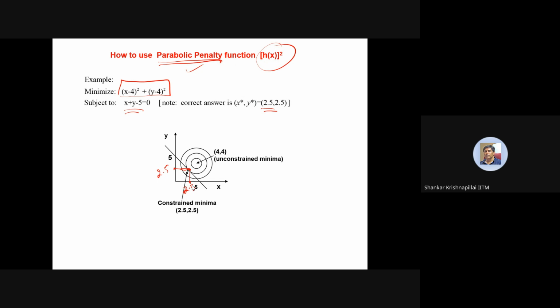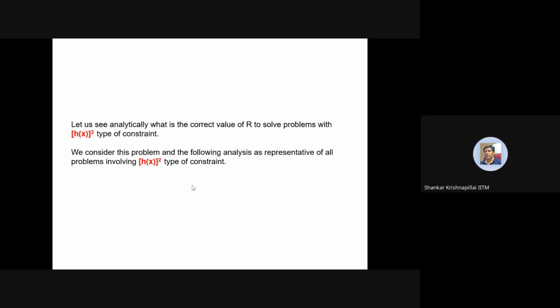Okay, so we'll try to solve this problem using the penalty function method. First, we look at it analytically so that we can understand the correct value of R. What is the correct value of R to solve problems with h of x the whole square type of constraint?